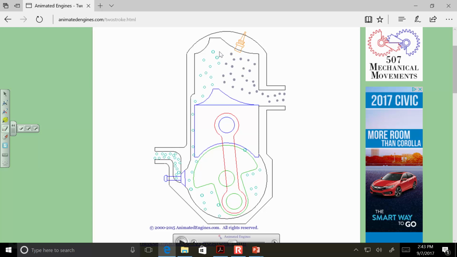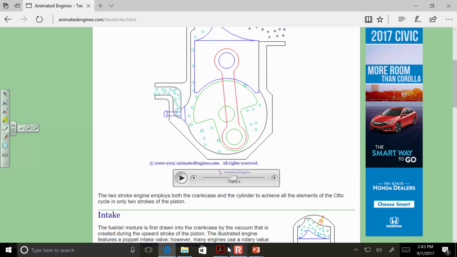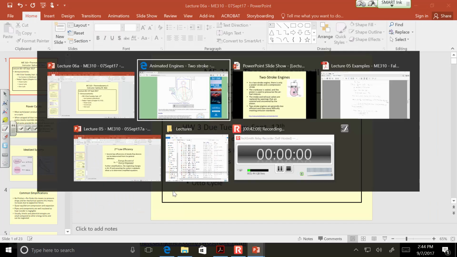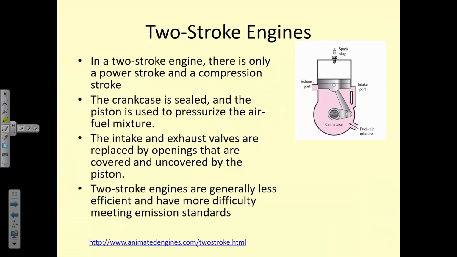And additionally, because this combustion process occurs with less control, some of this fuel is not completely combusted because you're combusting as you're also bringing in more fuel. So the 2-stroke engine has gone out of favor for automobile production, even though it has a high power to weight ratio, simply because it's difficult to pass emissions standards.